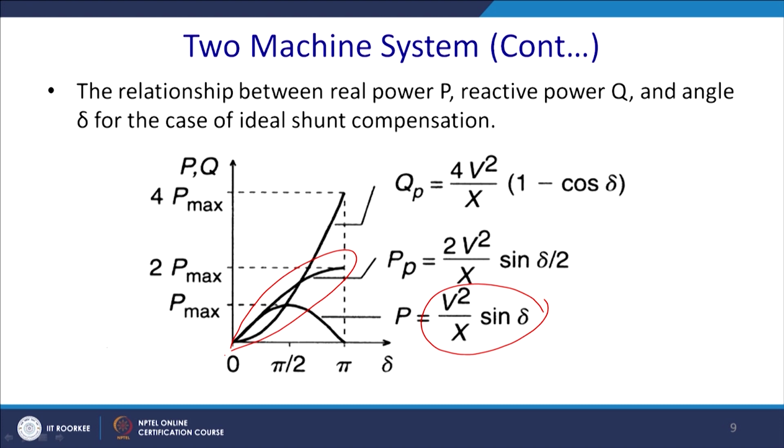Similarly, with shunt compensation, reactive power becomes 4 V square by x into 1 minus cos delta. So, straight away the power handling capability has been enhanced by using midpoint shunt compensation. Mind you, it does not generate any power, it increases the power handling capability.